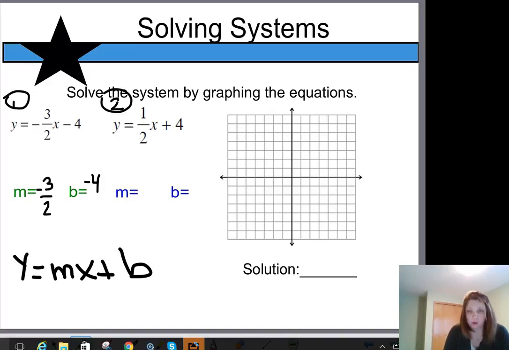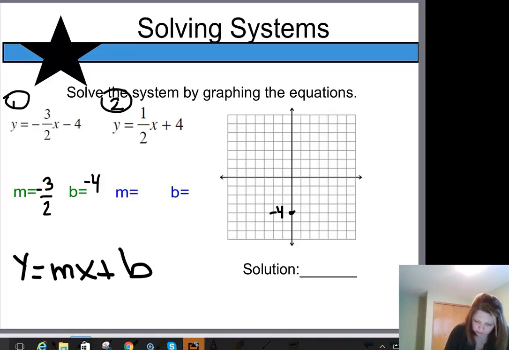And once I know the slope and y-intercept, I will be ready to graph the first line. So let's start with b = -4. b = -4 will be right here, and that will be the first point on the graph. Then we have a negative slope, which means we gotta go down to the right or up to the left in order to find the second point of this line.